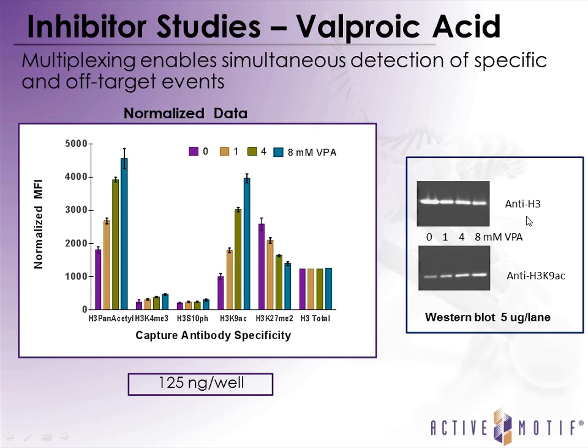The top panel shows roughly equivalent loading of histone H3 using an anti-H3 antibody, and the bottom panel shows a dose-dependent increase in K9 acetylation levels with an acetyl-K9 specific antibody. So it's a more than tenfold savings in material by using the multiplex assay.